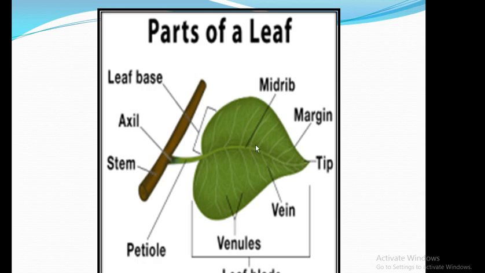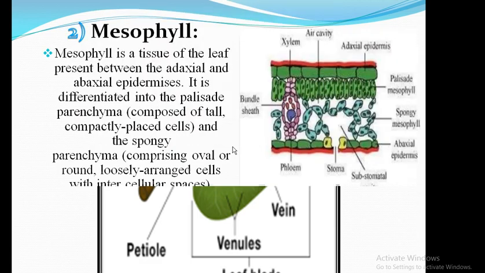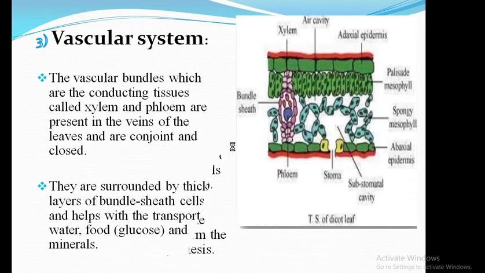These venules, that means midrib and veins, contain the vascular bundles, xylem and phloem. These vascular bundles are conjoined and closed and surrounded by a thick layer of bundle sheath cells, which help in the transport of water and food, as I said in the previous lines.